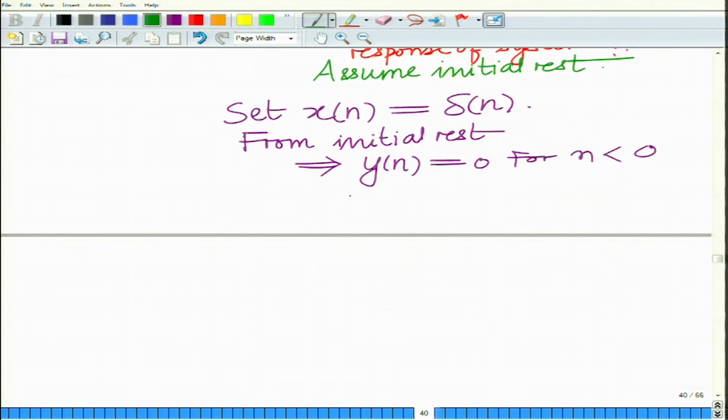Now set x of n equal to delta of n, which means x of 0 equals delta of 0 equals 1.